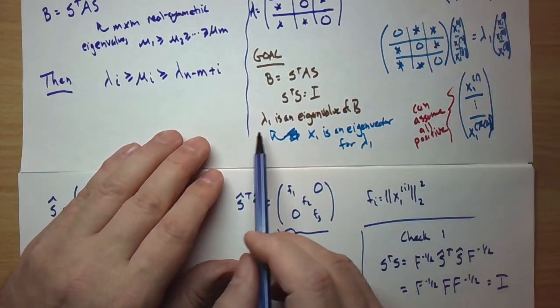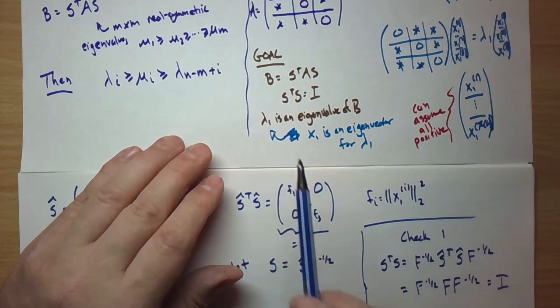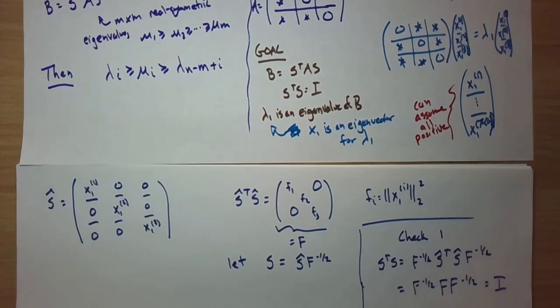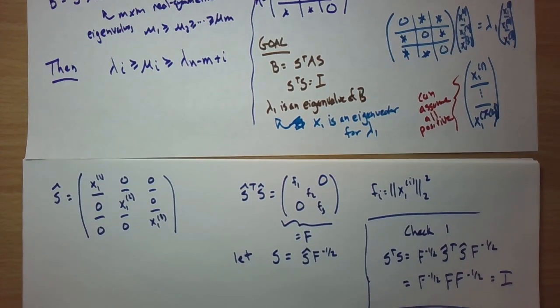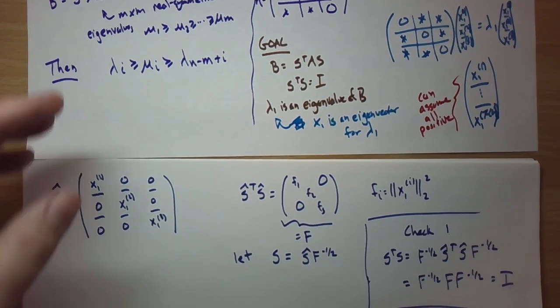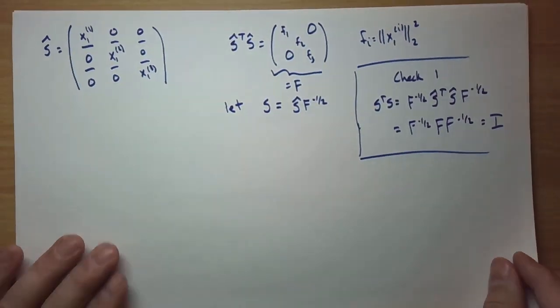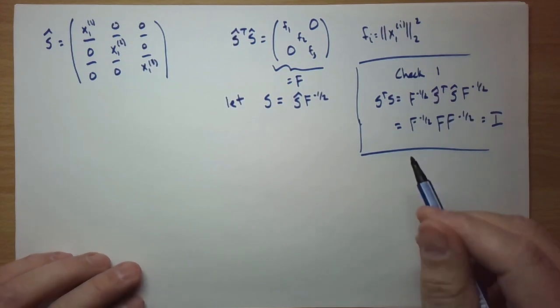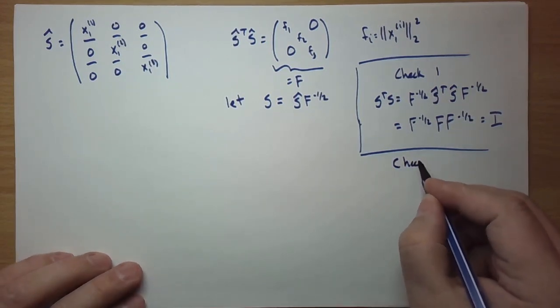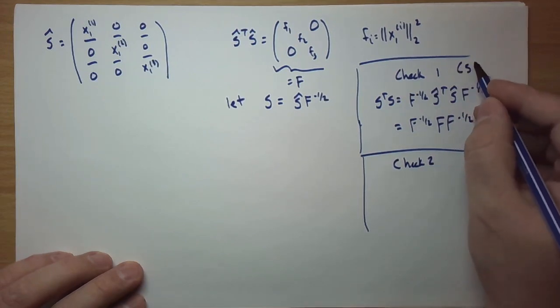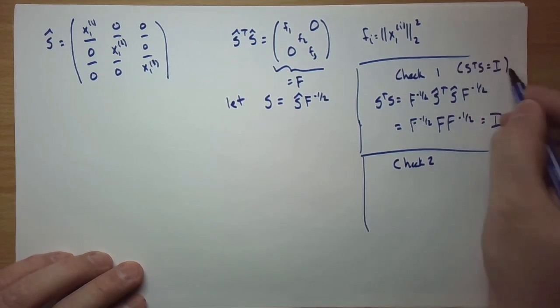But we said there's another thing we wanted. We want lambda 1 to be an eigenvalue of B. Okay, well, now we have to figure out, is lambda 1 an eigenvalue of B? So that's check 2. I guess we should point out check 1 was, does S transpose S equal the identity?